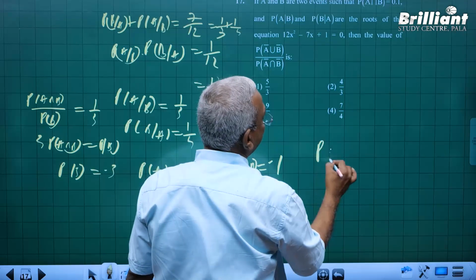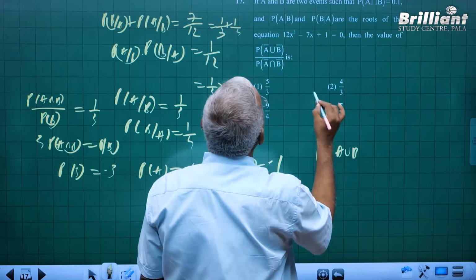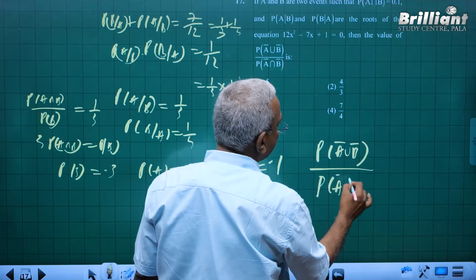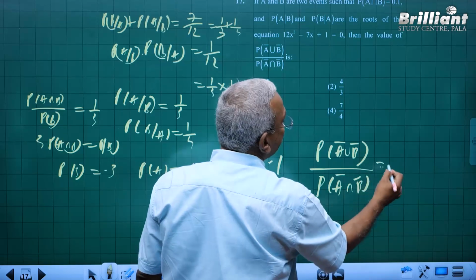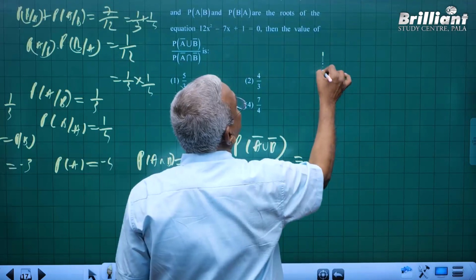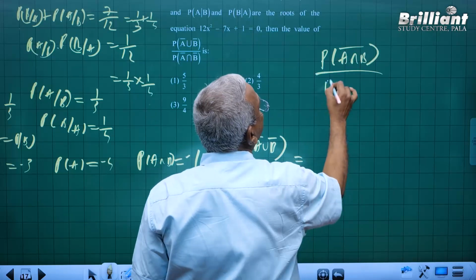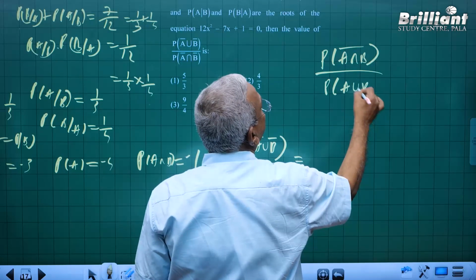Now we come to this one. What is P of A dash union B dash divided by P of A dash intersection B dash? That is our requirement. This will be written in the form P of A intersection B all dash divided by P of A union B all dash.